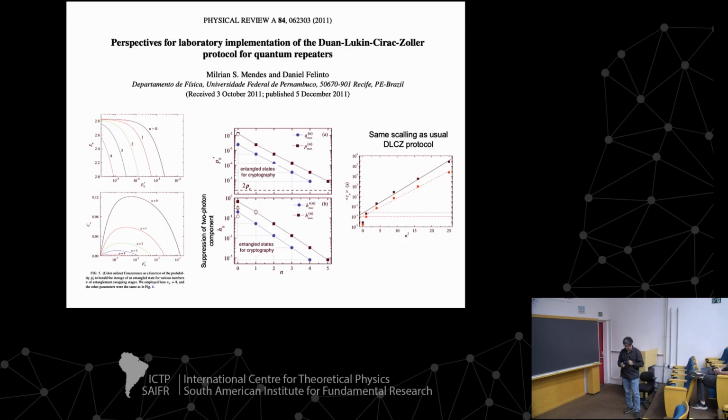But it's still hard. You have to have in mind that DLCZ is like a first generation of quantum repeater protocol. I'll come back to that in the end. There are many protocols that were developed after that. Typically, you have to move to more complex hardware, like you do multiplexing. Instead of using just 2 ensembles, you're going to use 5, 10 different ensembles to do some kind of error correction on the pathway.